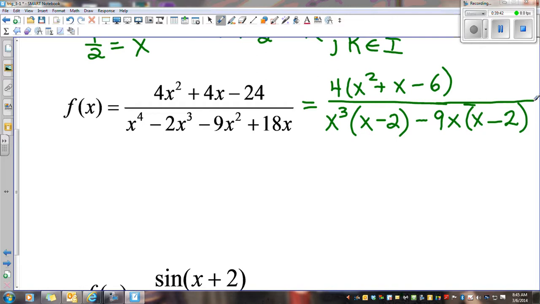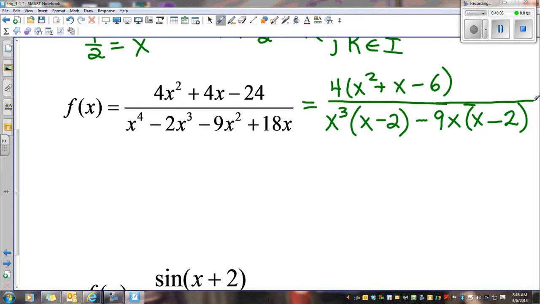So, we took an x cubed out of here, and we have an x minus 2 left. Now, what I tried to do is say, if I could get an x minus 2 here, it would really be nice, wouldn't it? Okay, so what we did is I took a -9x out, then I got my x minus 2.